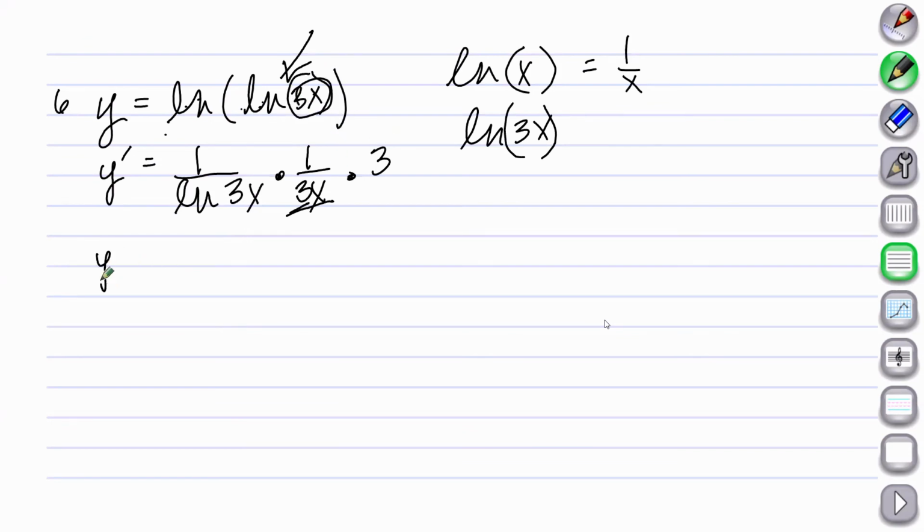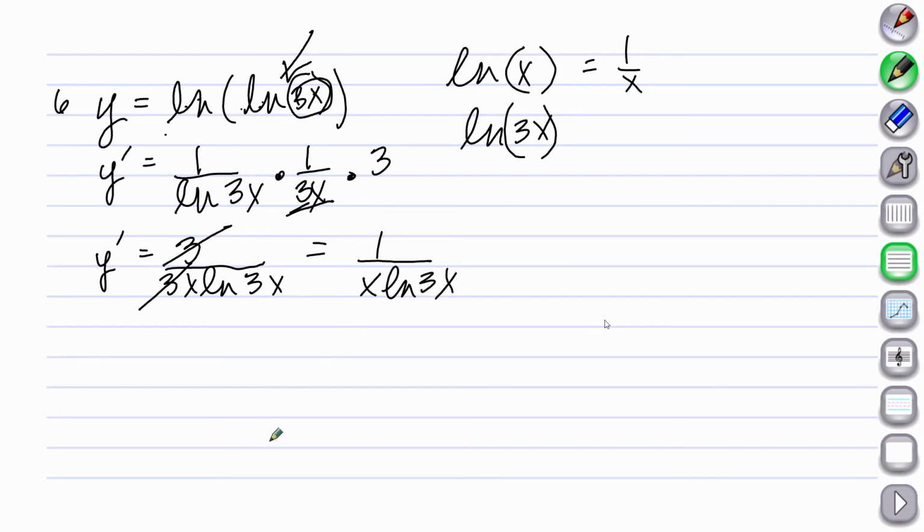So the final answer would be, well, not the final answer, it would be 3 over 3x ln 3x, and then of course these 3's are going to cancel. So now I have 1 over x ln 3x. You really have to think on this problem.